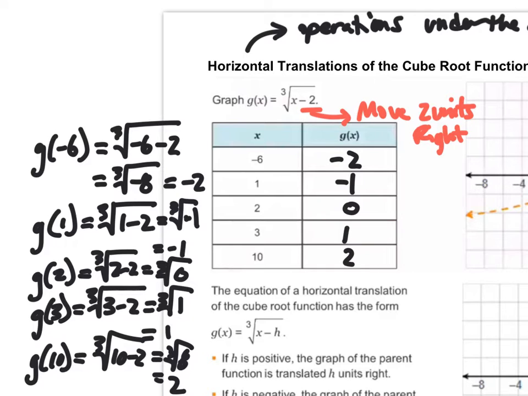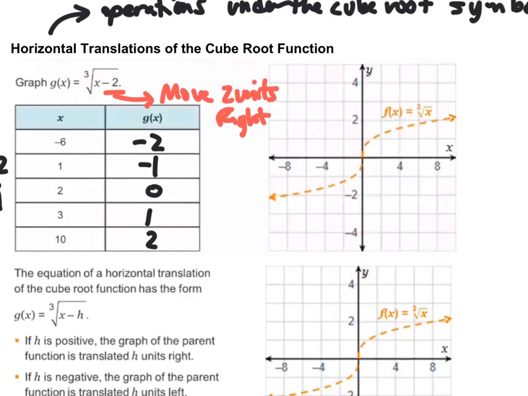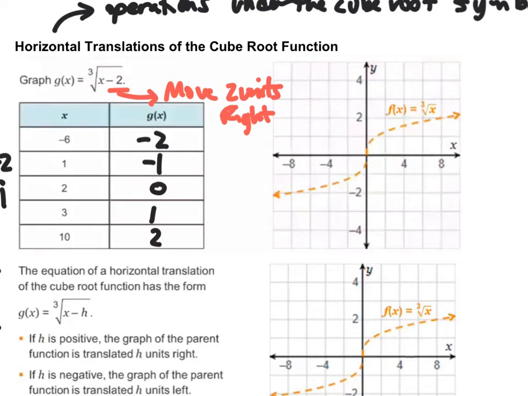All right. So let's go ahead and plot these points then. I know that's kind of a lot of math, but that's how you can generate any table of values. If I plug in -6, -2, that's this point right here. If I plug in the point 1, -1, that's this point here. Oh, whoops, that's not that point. -1, 1 is here.